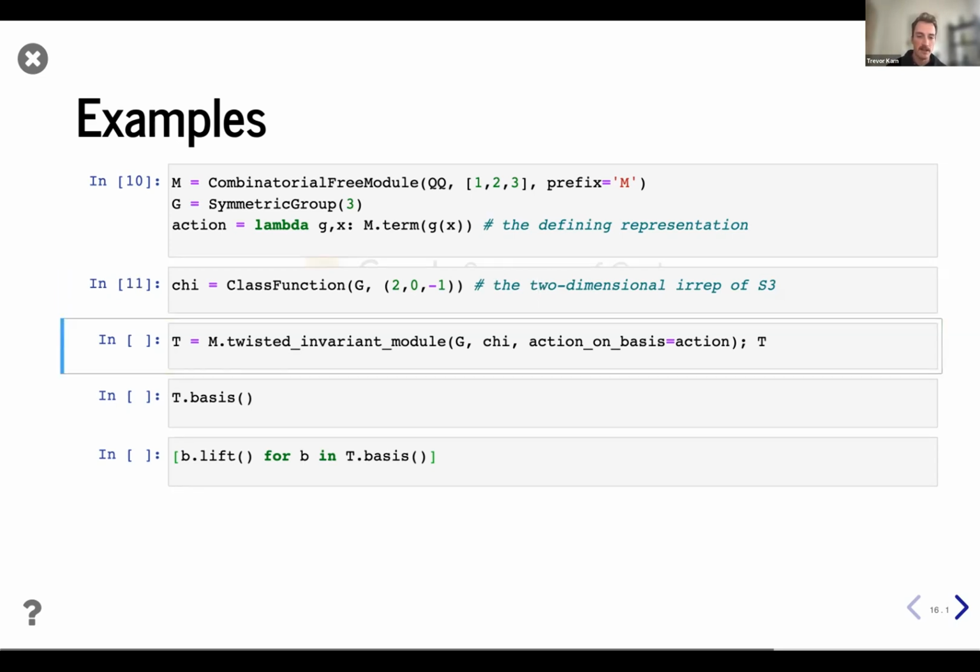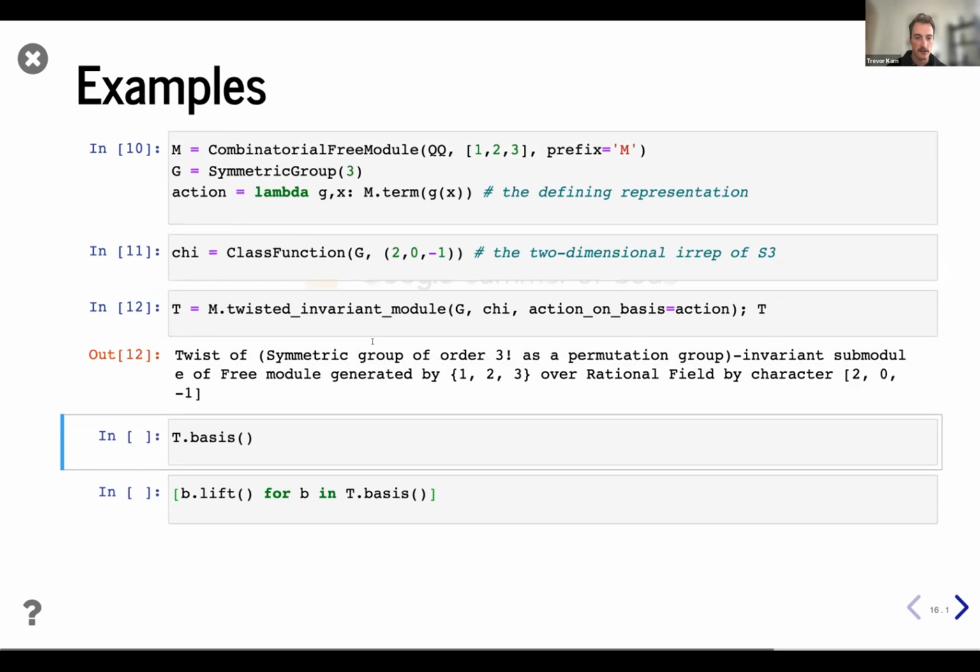Okay. And now I can call this twisted invariant module. So what I'm asking for is, give me the subspace of this which corresponds to this 2-dimensional representation. It is known that this occurs once inside of the defining representation. So you can go ahead and look. And I've got this twist by this character, which is just saying, okay, give me the isotypic component corresponding to this 2-dimensional irreducible representation.